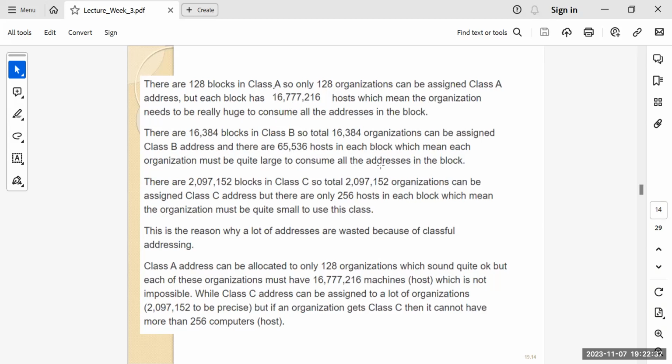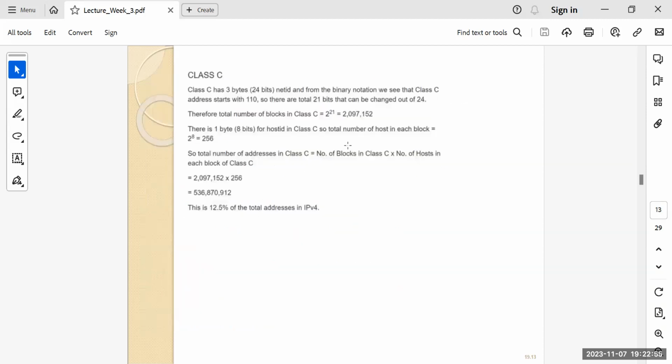Now coming to class C, it has these many blocks. So in total, these many organizations can be assigned class C address, right? But only 256 hosts in each block, which means the organization must be quite small. You have just seen that. You had these many blocks and these many hosts, 256 hosts only.